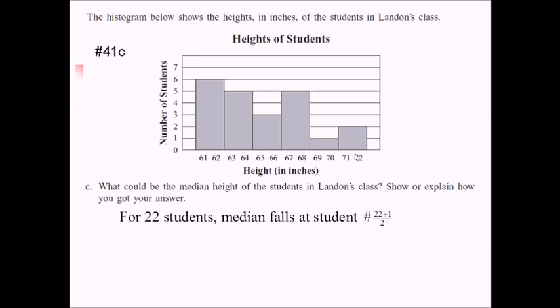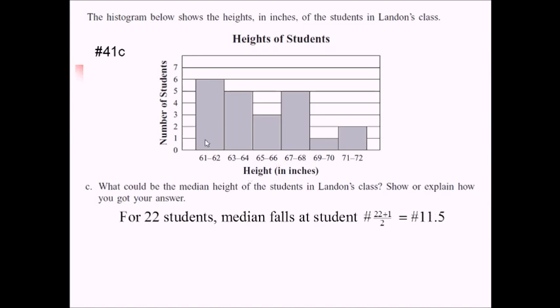If you just take the total number of items, add 1, and divide by 2, it always gives you the index number of the median. So this is 23 over 2, which comes out to 11.5, which is kind of weird to think of, but student number 11.5, if we go from left to right here, is going to have the median height. So where does 11.5 fall?